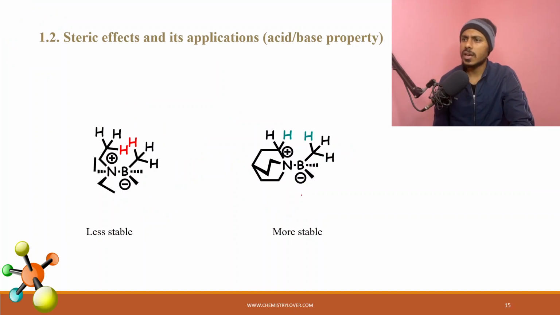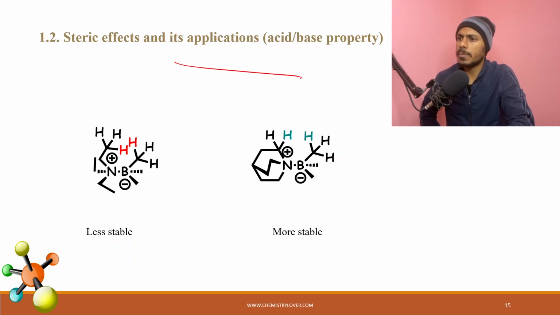The next topic which we are going to discuss is the steric effect and its application. We will talk about only the steric effect on acidity and basicity. Here we have two compounds, basically an amine NR3, which is forming an adduct with some BR3, a boron Lewis acid.